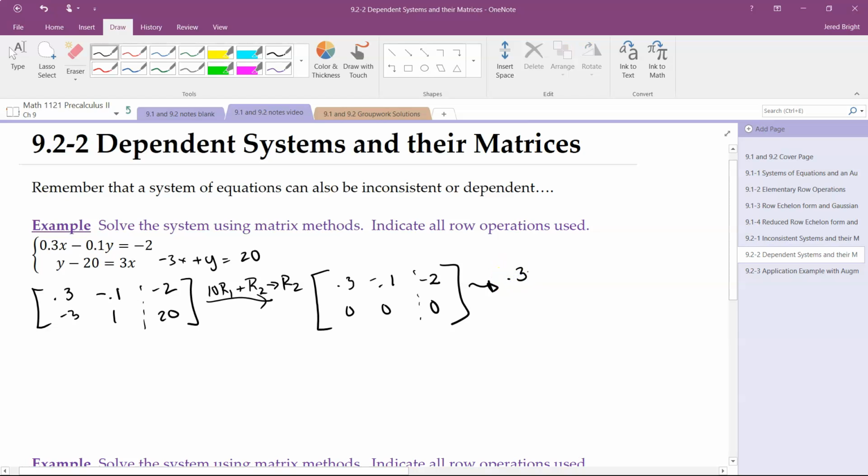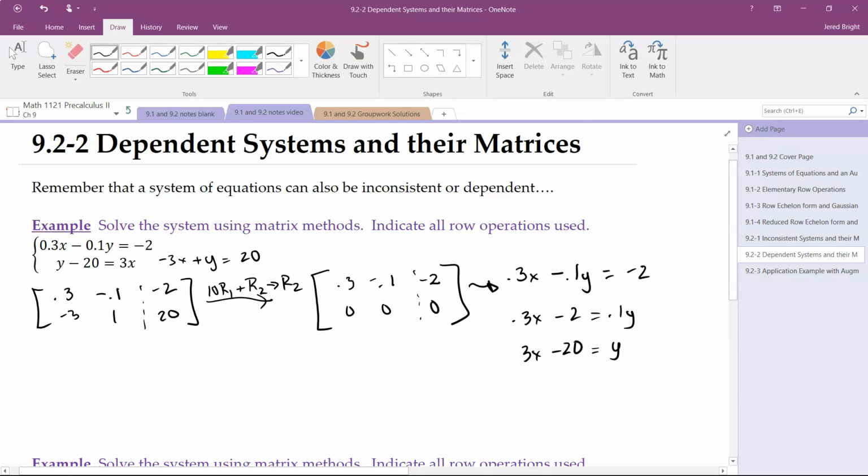I've effectively done Gaussian elimination. 0.3x minus 0.1y is equal to minus 2, and I'm going to solve for one variable or the other. I'm going to choose to solve for y in this instance, so 0.3x minus 2 is equal to 0.1y, and then consequently y is equal to, dividing this by 0.1, 3x minus 20.